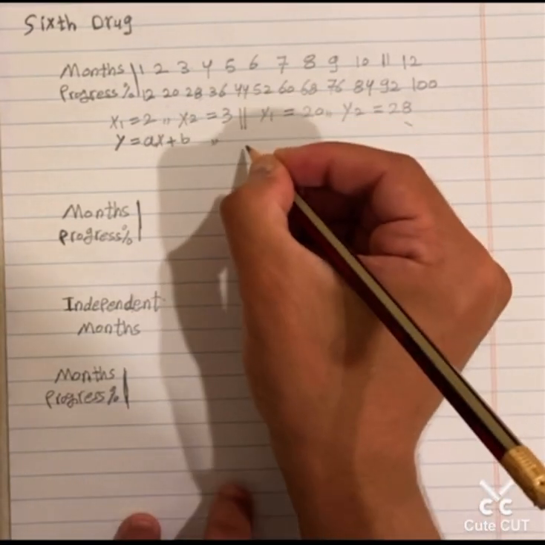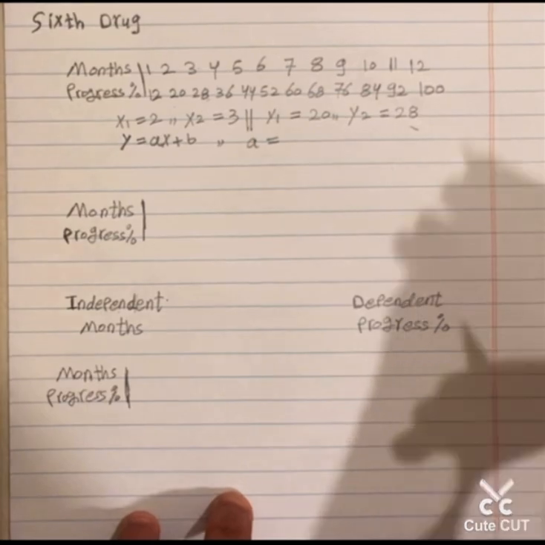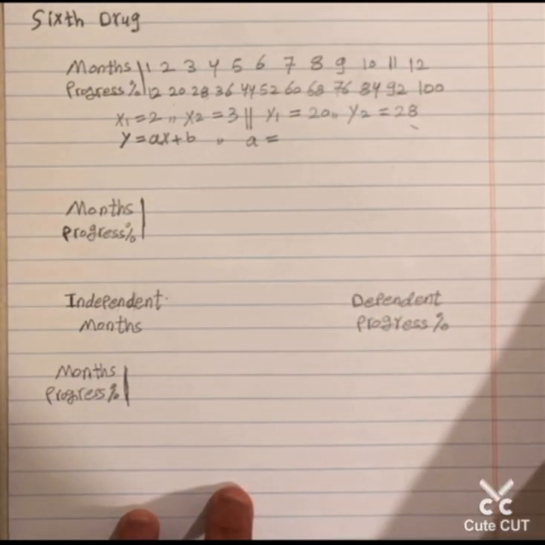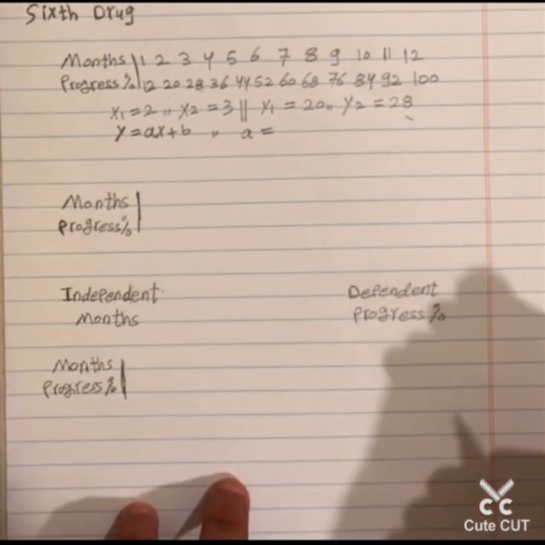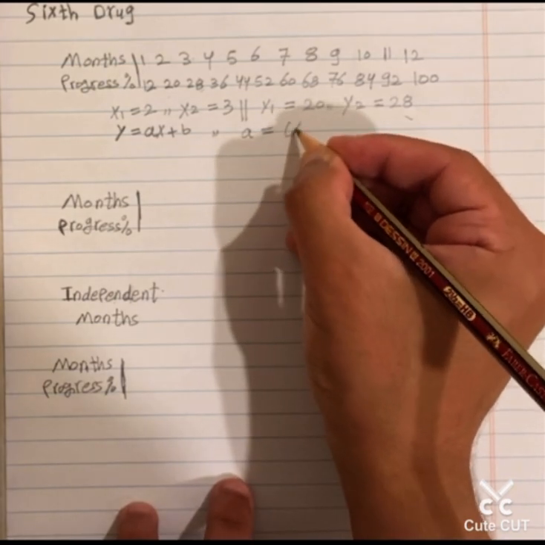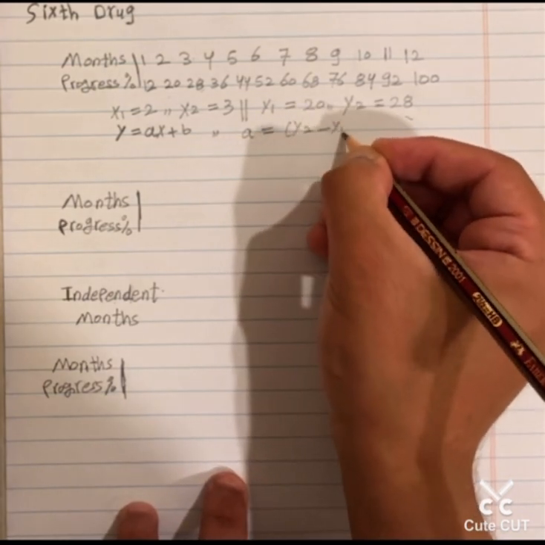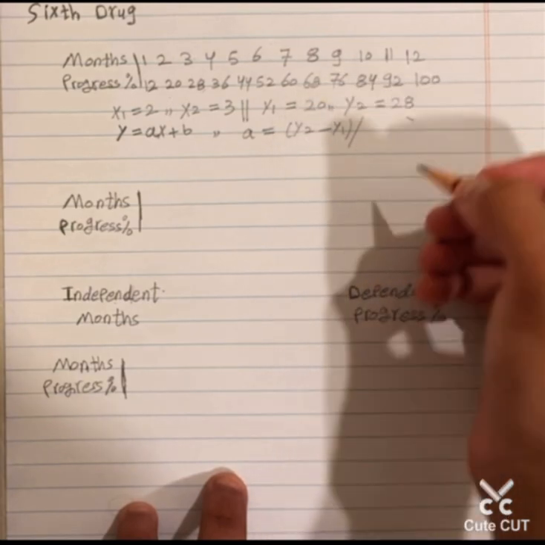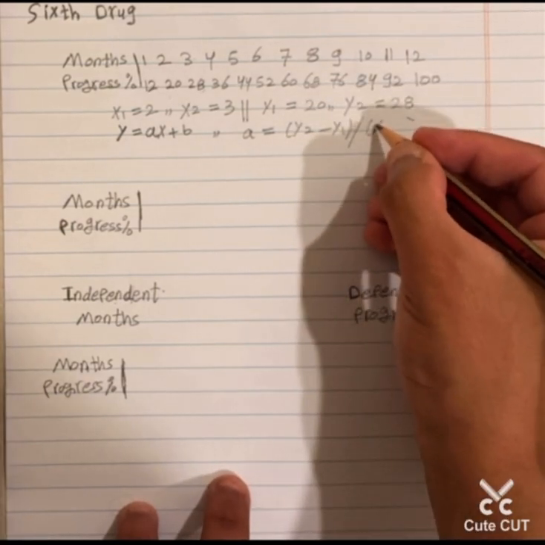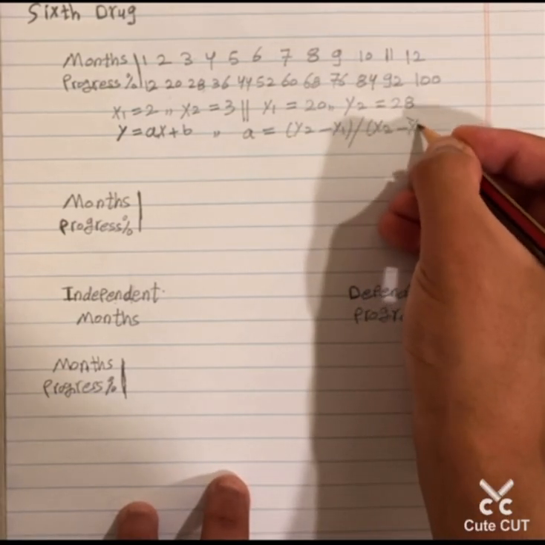Well, a is the slope, and as we know, the slope is the difference of the y's divided by the difference of the x's. So it will be y2 minus y1 divided by x2 minus x1.